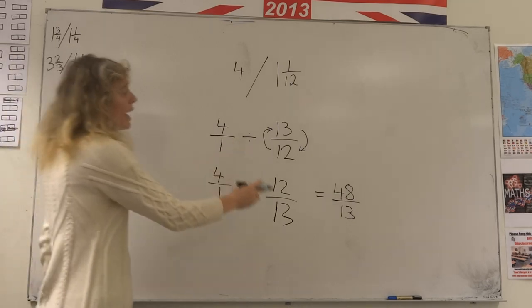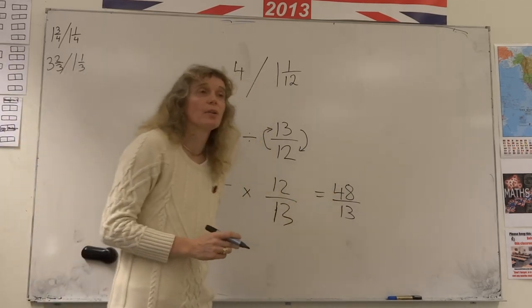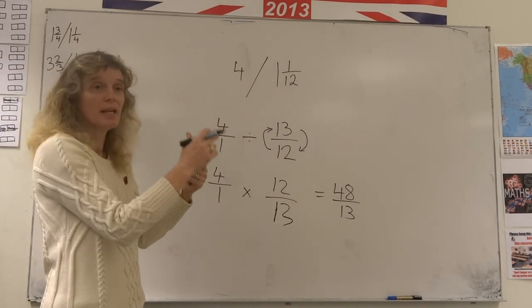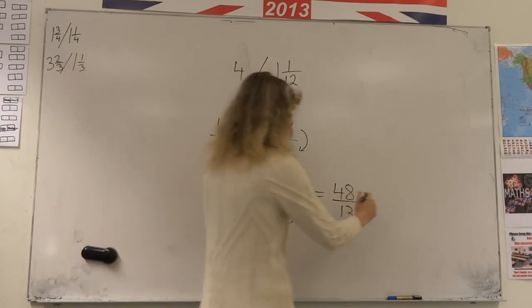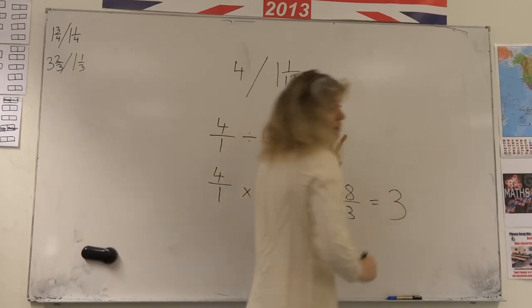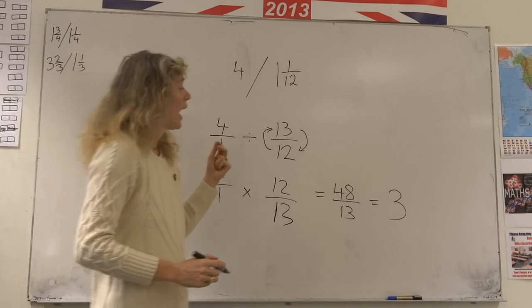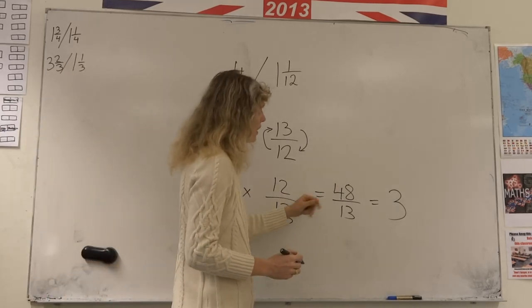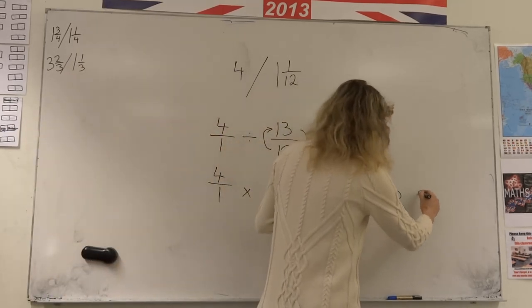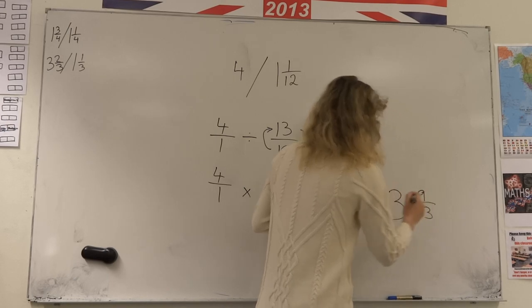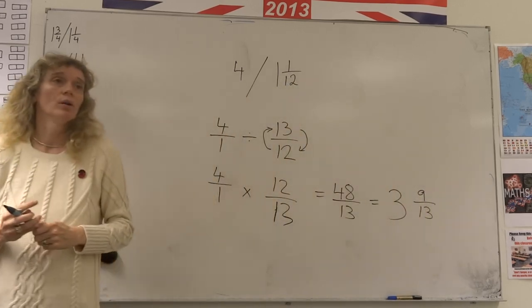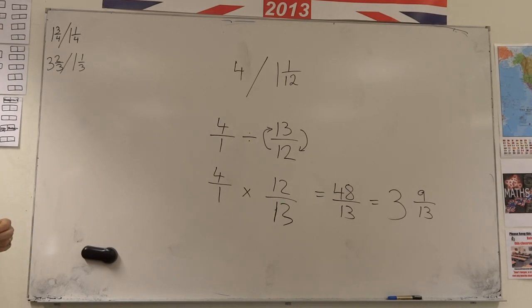So let's look at 13. How many times does that go into 48? 13, 26, 39. It goes 3 times. And then there was 9 left over. 3 whole and 9 13ths.